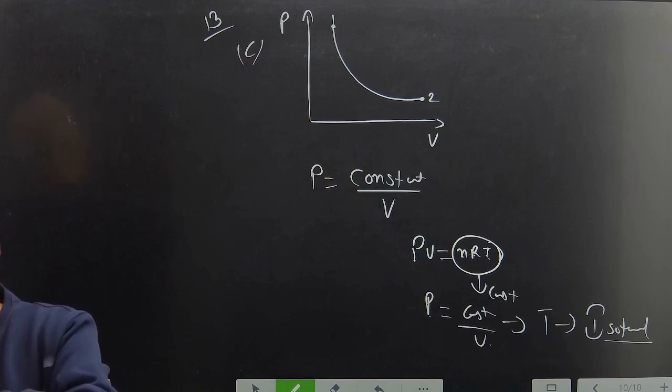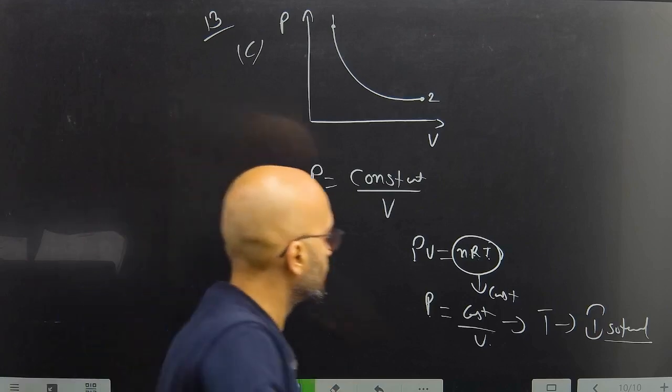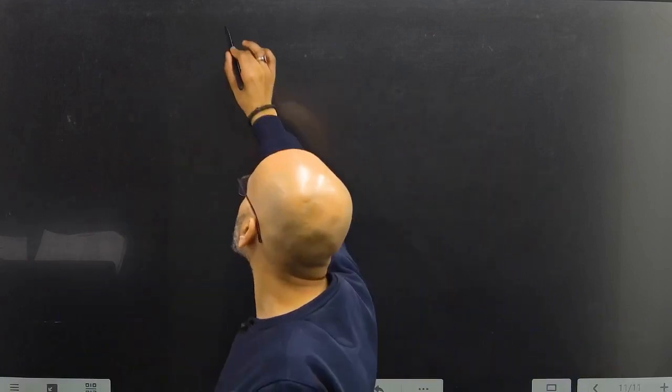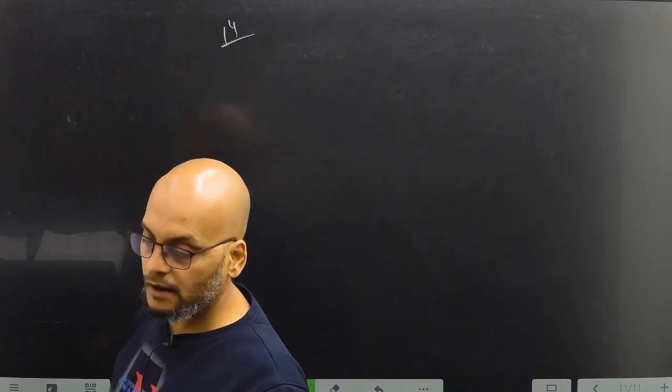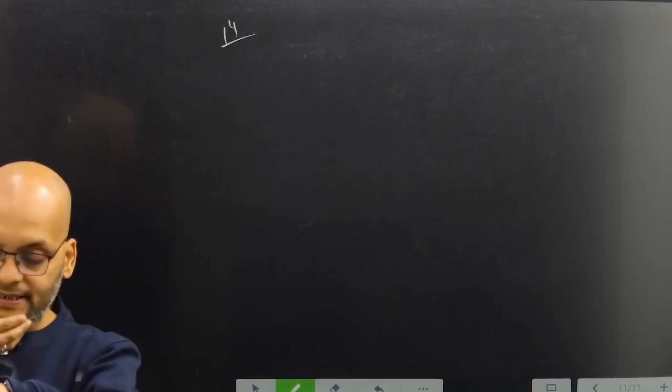Next question. It is saying, consider two containers A and B containing ideal gases at the same pressure, volume and temperature. So in two containers, ideal gases are there, and their pressure, volume and temperature are the same.